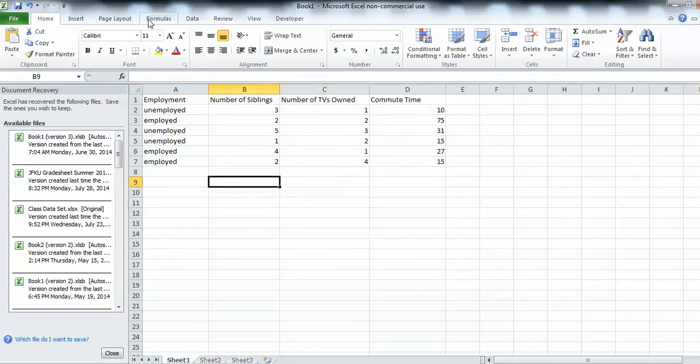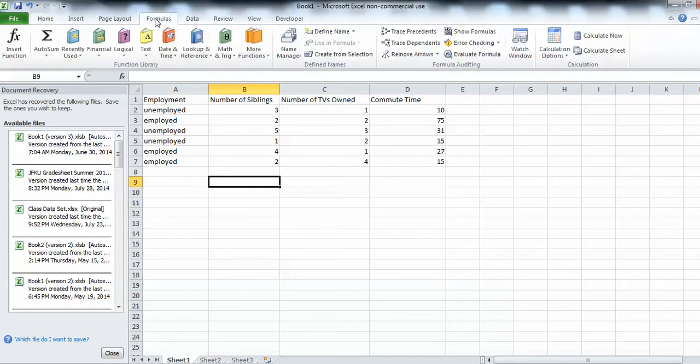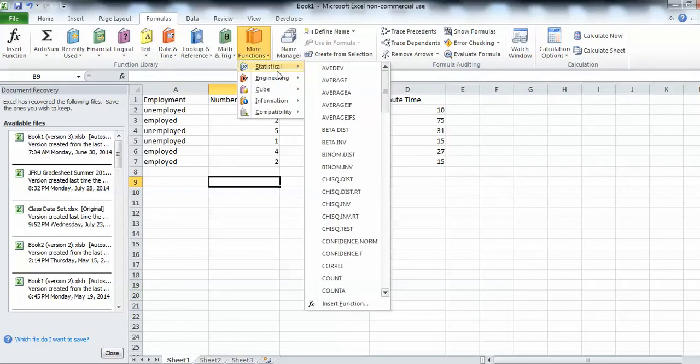If you're using Excel 2013, or the newest version of Excel, you can just go up here to formulas, go up to more functions, and then go to statistical. You can still do this with Excel 2010, but it'll be a little bit different. If you're using a different version of Excel, just let me know and I can help.